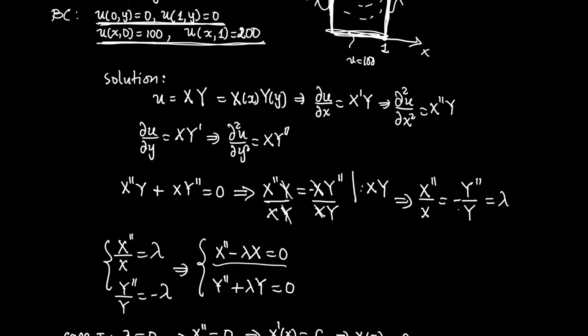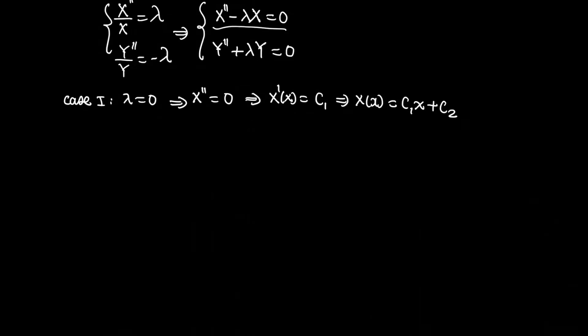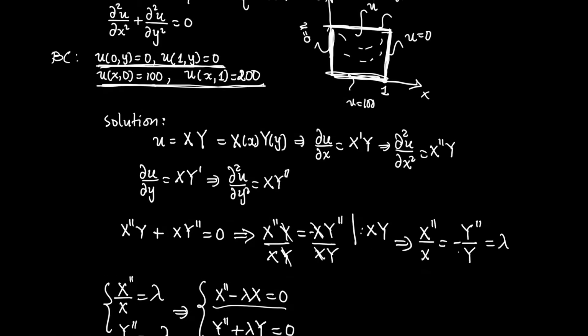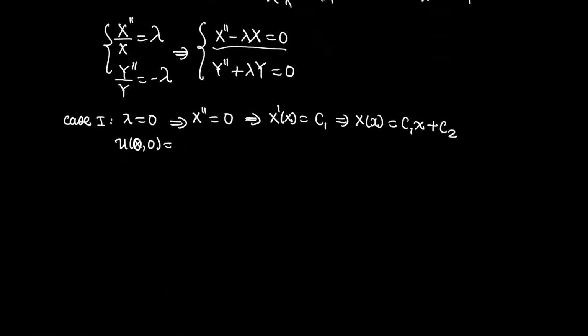Then from the boundary conditions, the first one is u(0, y) equal to 0. Let me write it again: u(0, y) equal to 0 is the same as X(0) for any y equal to 0.